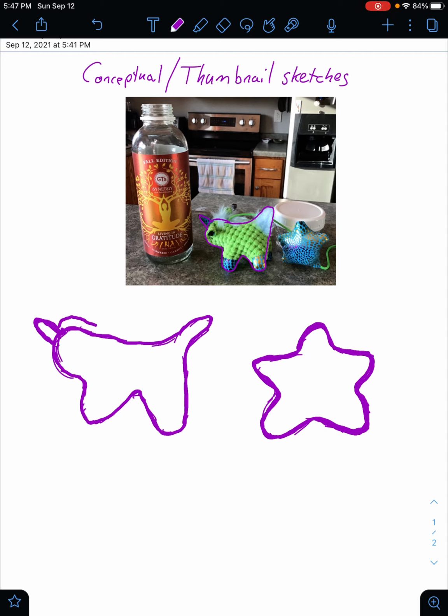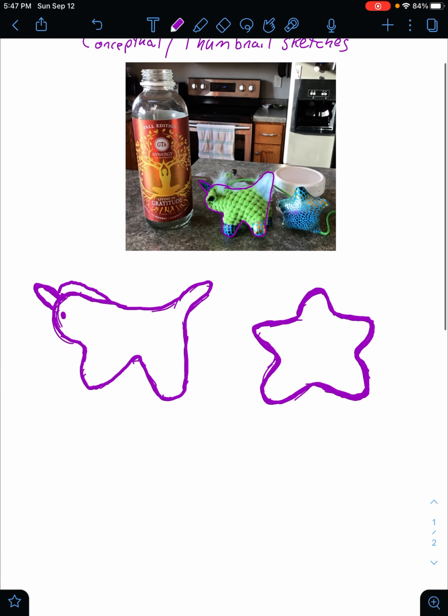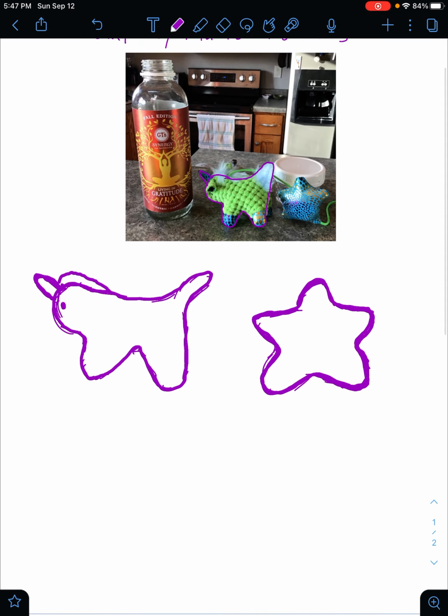Maybe I want to add the mane in there. Add an eyeball for funsies. Again, not beautiful. I hope you can see and laugh at my ridiculous drawings and feel like that gives you carte blanche to be a little messy with it and not worry about perfection.